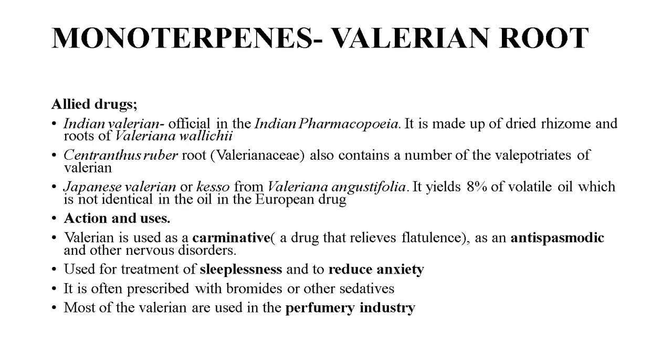There are other drugs that are related to valerian root, and they include these three specific ones here: Indian valerian, the next one, and the other one. They are very important to know. They are the drugs related to the valerian root. So for the action and uses of valerian root, it is used to relieve flatulence.